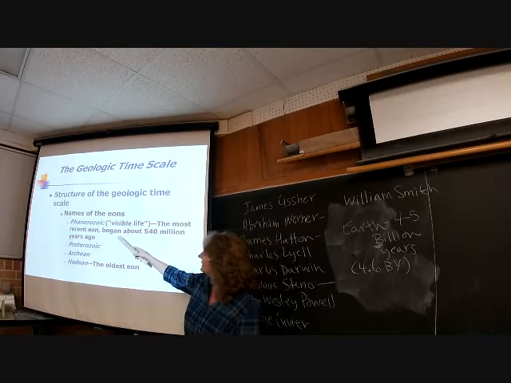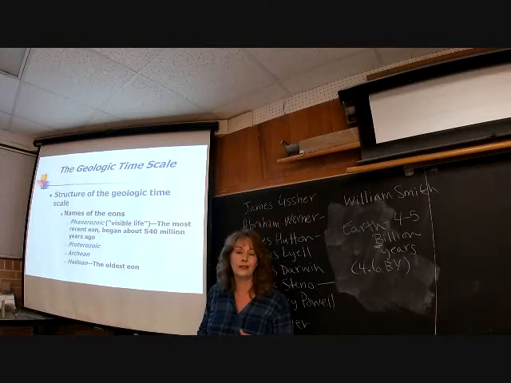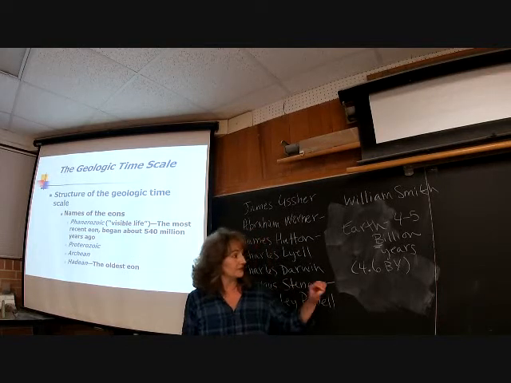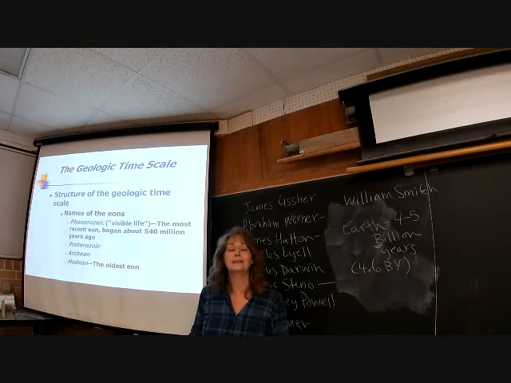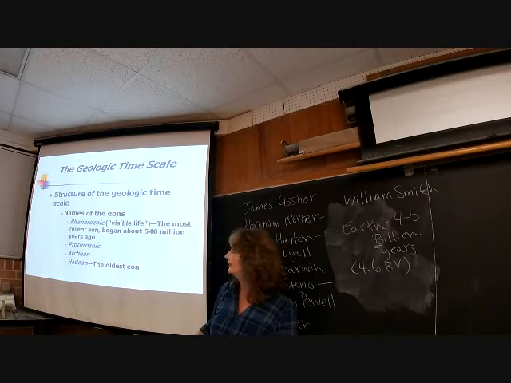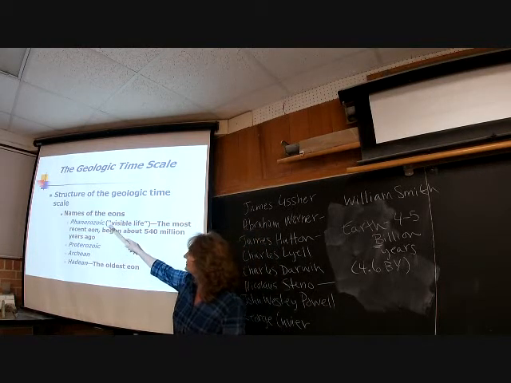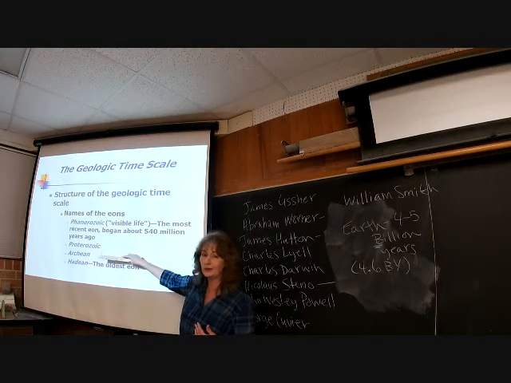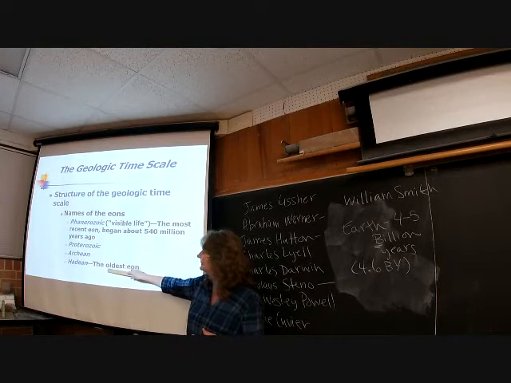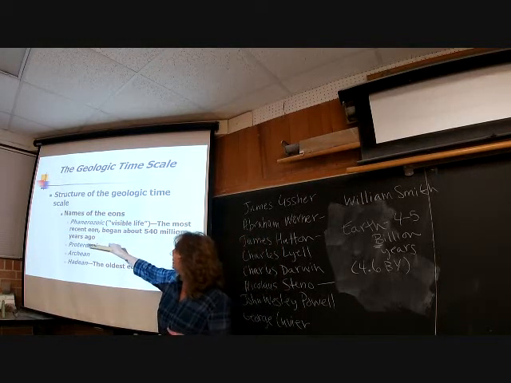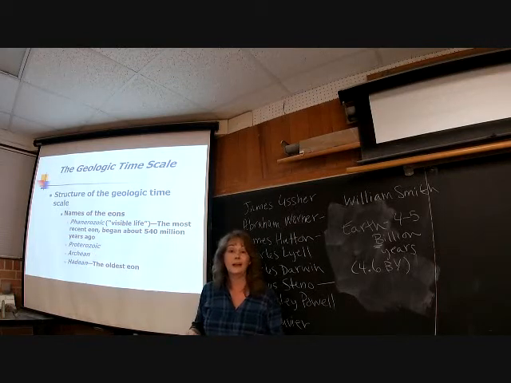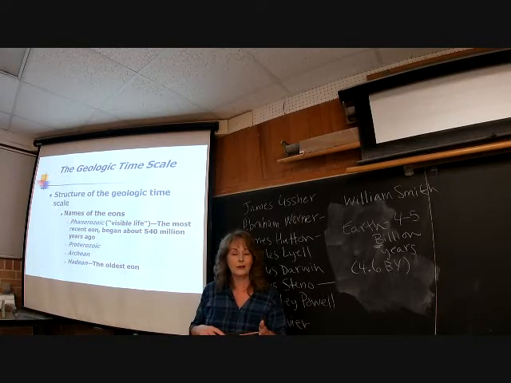But it's the most recent eon, and it began about 540 million years ago. So just a fraction of this 4.6 billion year geologic history, right? 540 million years. But that's our most recent, that's the one we know the most about. That's called the Phanerozoic. As you keep going back older and older, the Proterozoic, the Archean, and the Hadean is the oldest. Now these three, Proterozoic, Archean, and Hadean, get lumped together in what we call the Precambrian eon.